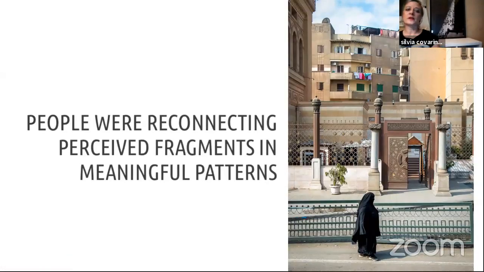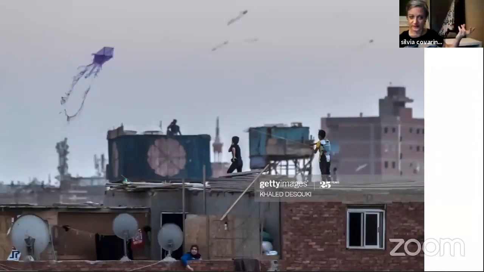Now, people were reconnecting perceived fragments in meaningful patterns. As I mentioned before about the perception and the relationship within the urban environment, people pass through interpretation, through reference to the many fragments of the urban collage of the city.